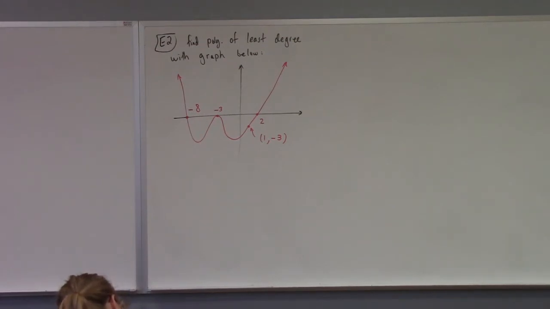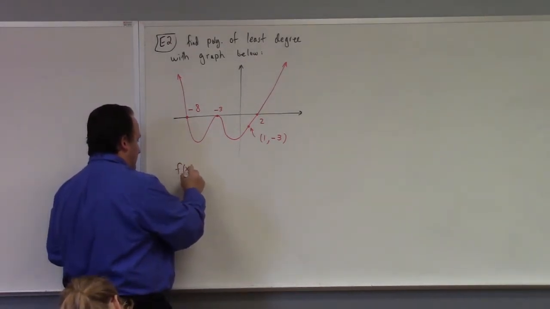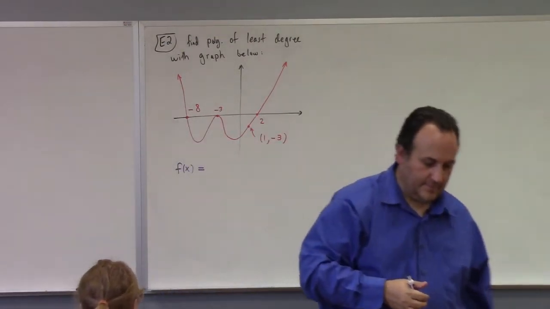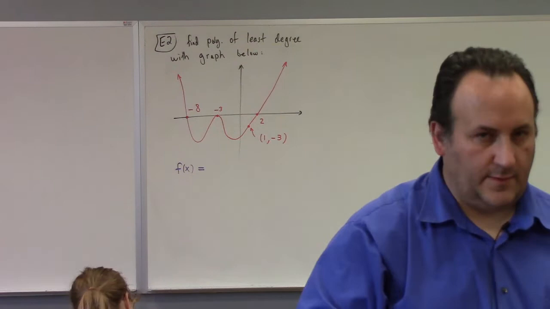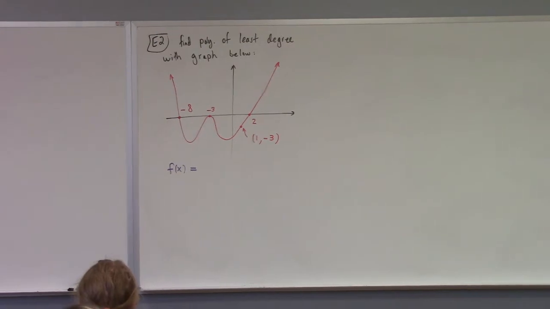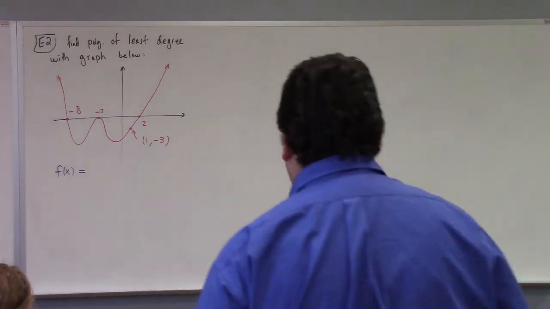So the way to go here, so you guys tell me, what should I make my f of x equal to? Any ideas? A? Yeah, okay, sure. We can put an A in there.